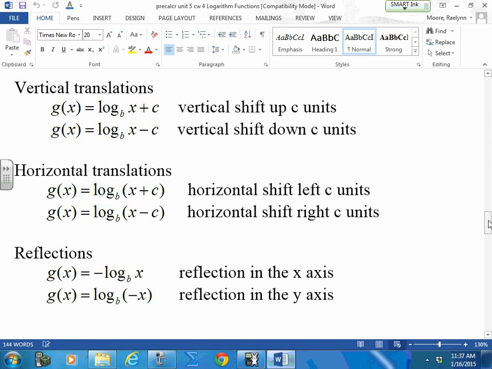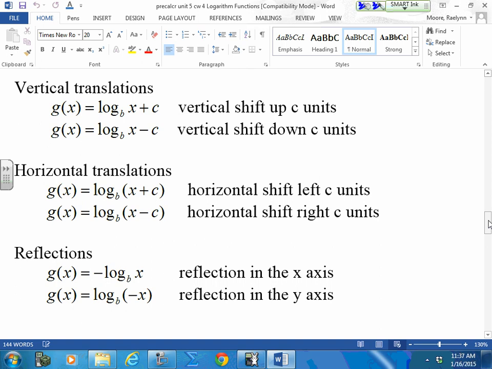Okay. We're just going to hit some of your transformations. All I'm hitting today is your graphing, your transformations. Now, your transformations work the exact same as they do with your parabola, your absolute values, but I gave you this to see because sometimes with the log, they just look a little bit different.